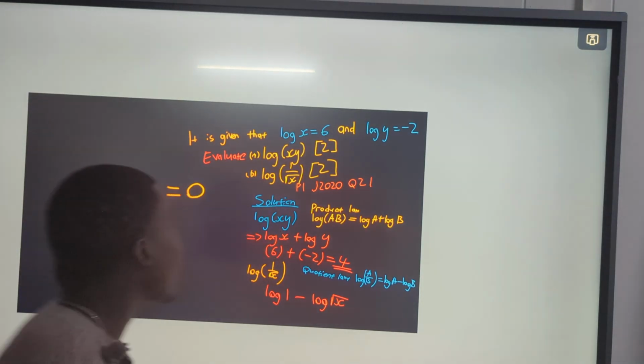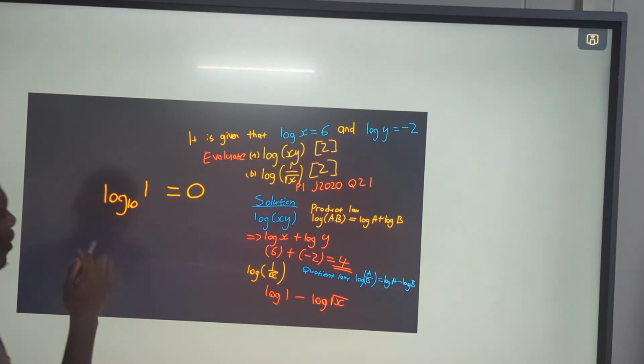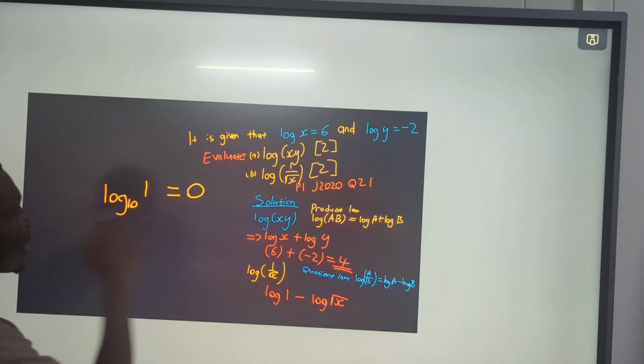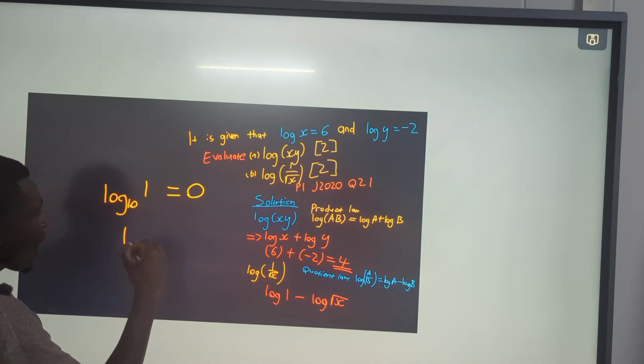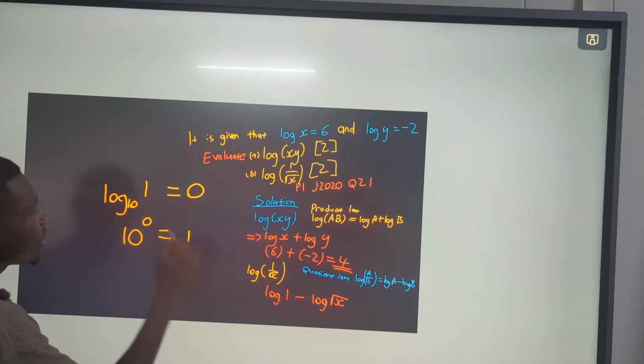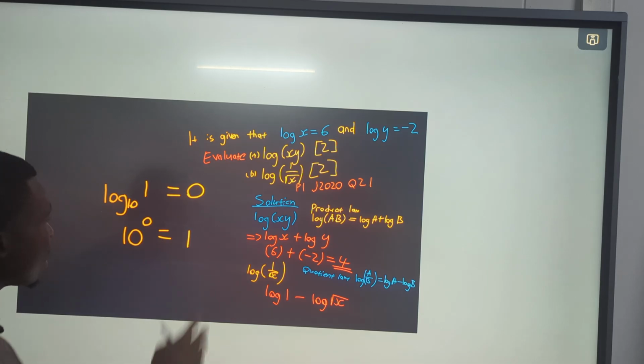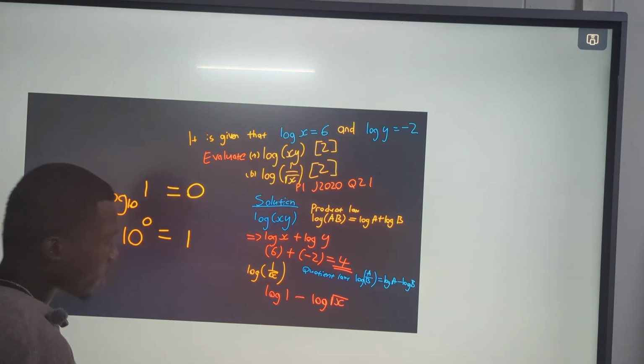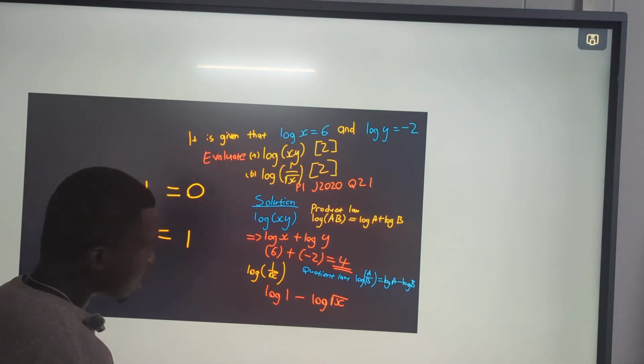So we are saying log 1 is log 1 base 10. This equals 0 because we have to raise our base 10 to the power 0 to get an argument of 1. So log 1 we replace with 0.